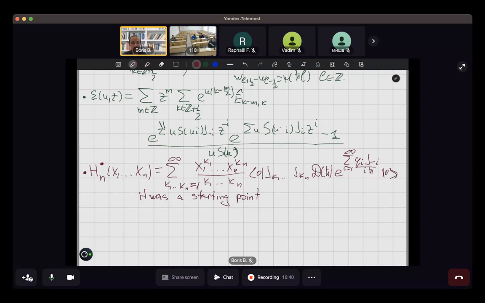We had it many times, but let me write once again. This s of u is equal to e to the power u over u minus... And so it's a formal power series.